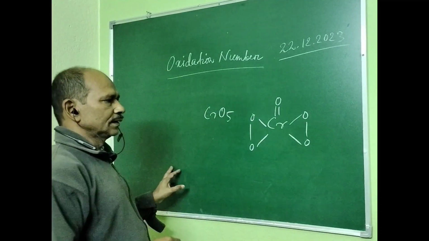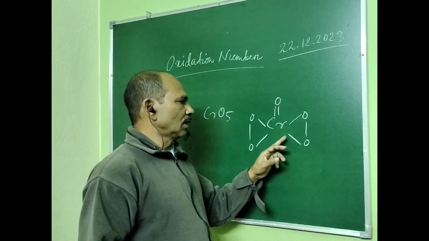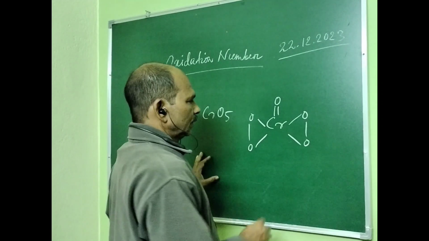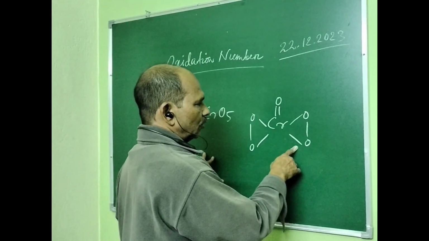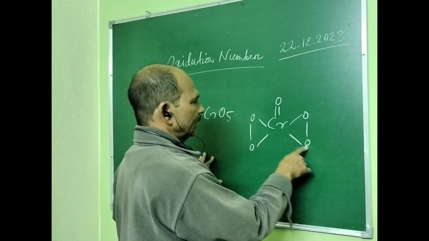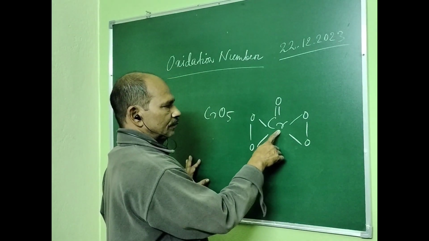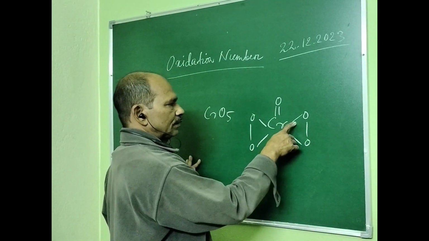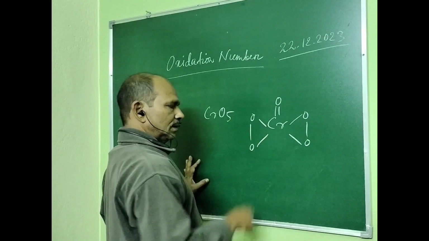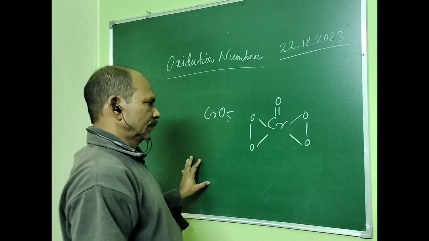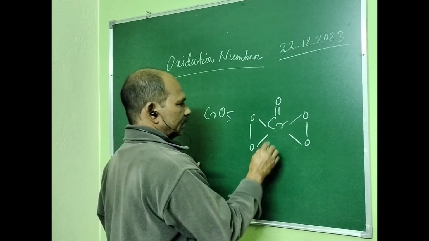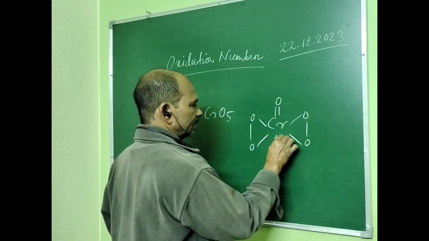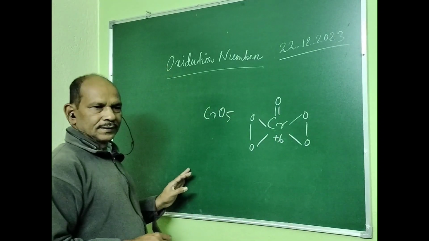In this case, it concerns all the bonds. This bond contributes -1 to oxygen and +1 to chromium. And similarly, this bond -1 to oxygen and +1 to chromium. So as I said, the oxidation number of chromium is +6 here, not +10.